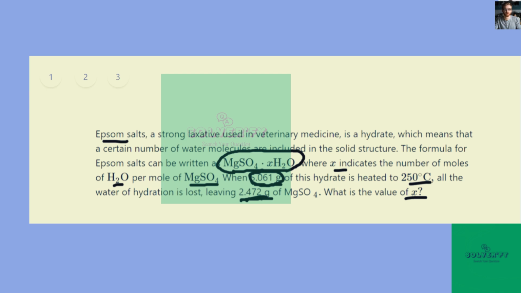So here we know the mass of magnesium sulfate, and we know the mass of the formula. From these two masses we can find the mass of water. So from these we can find the number of moles of H2O and magnesium sulfate, and from there we can find the value of x.